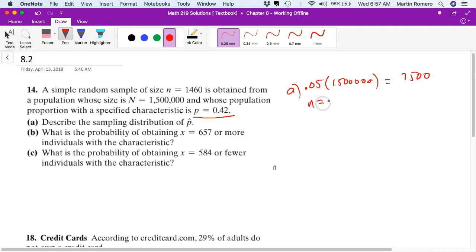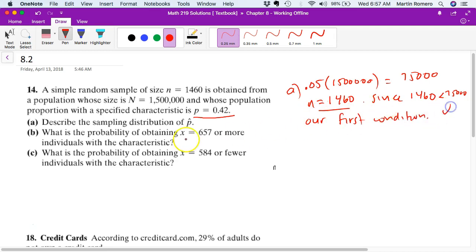Our n in this case is 1460, so the condition is met, since 1460 is less than 75,000.